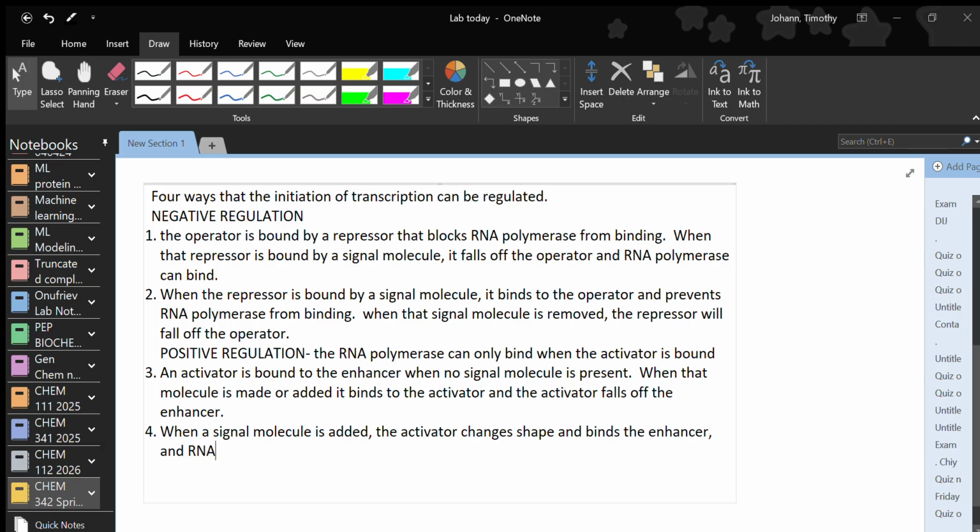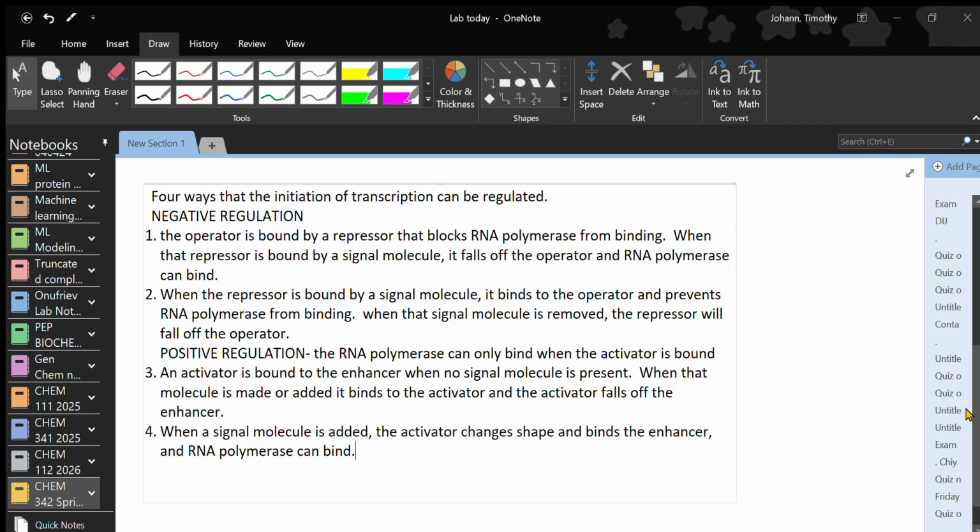And RNA polymerase can bind. Okay, so we got those four different, and this is what actually happens in the lac operon, this fourth one. So you're really looking at 1 and 4.